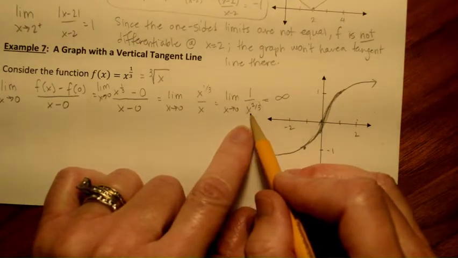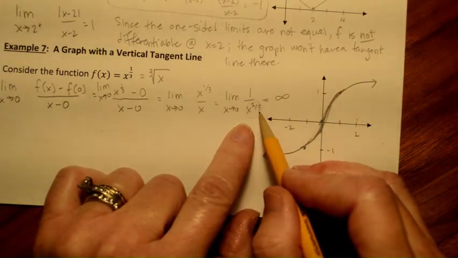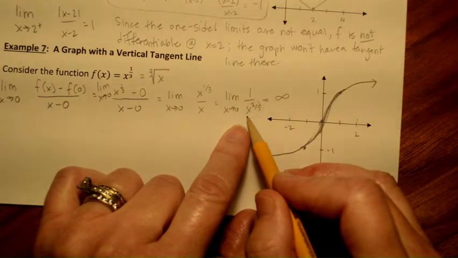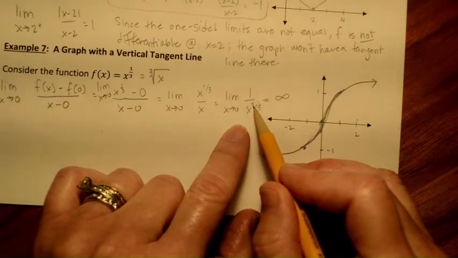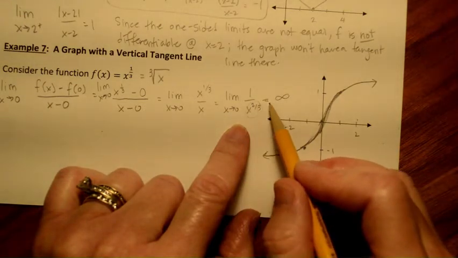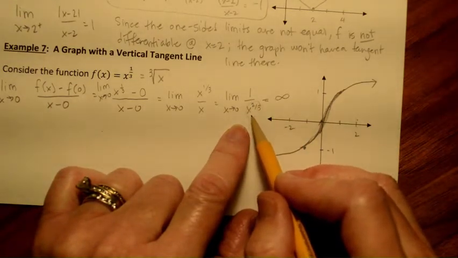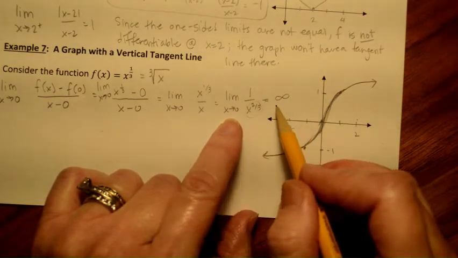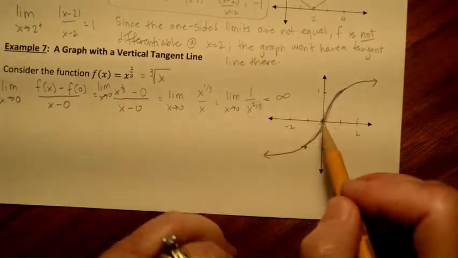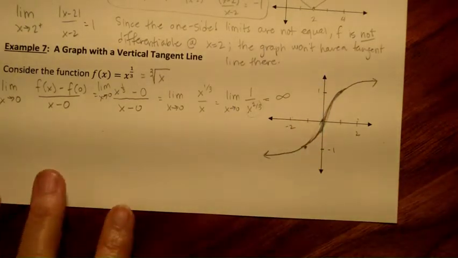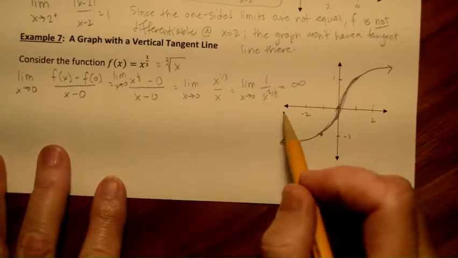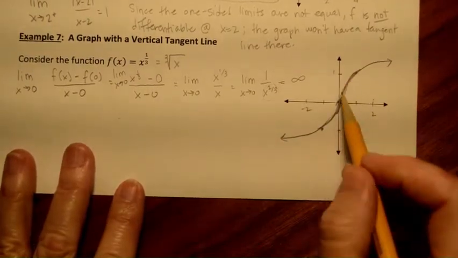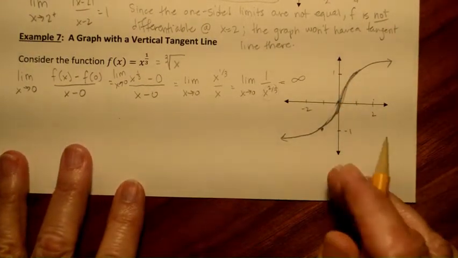We are allowed to take the cube root of a negative number, so the cube root of negative 0.5 does exist and it is negative, but then we square it and it becomes positive. So it's not going to change from one side to the next, it will be positive infinity in both directions. Either way, it's infinite, which means the tangent line right there is vertical.